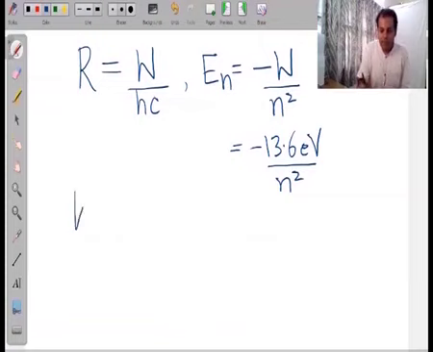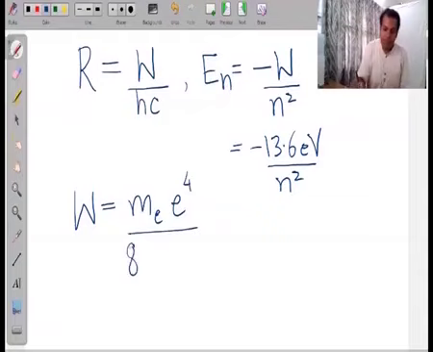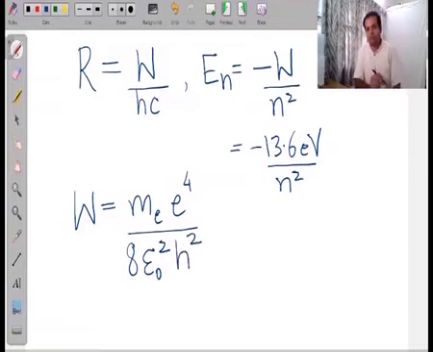W has the expression m_e e to the power 4 upon 8 times epsilon naught square, the permittivity square, times the square of the Planck constant.